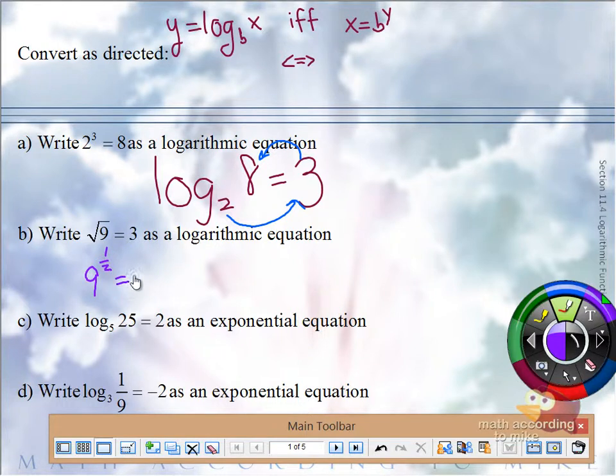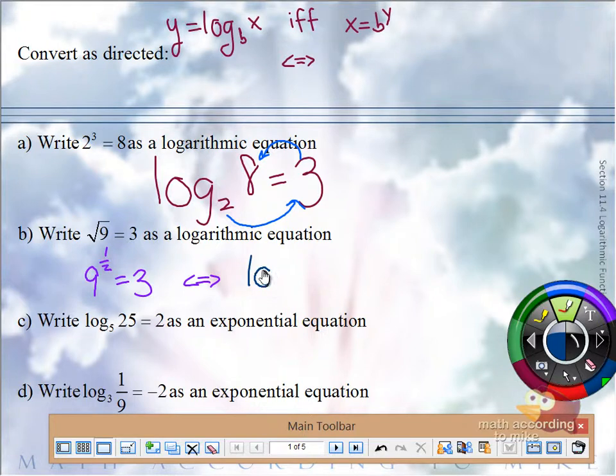Good. So 9 to the 1/2 equals 3 is exponential. Let's write the corresponding logarithmic. What's the base of the exponent? What's the base of the log going to be? The base of the log is always the base of the exponent.